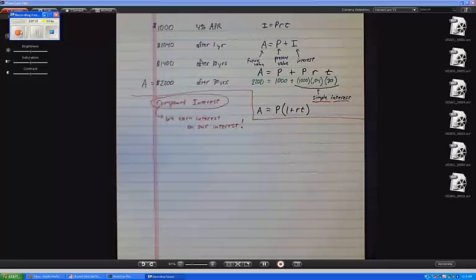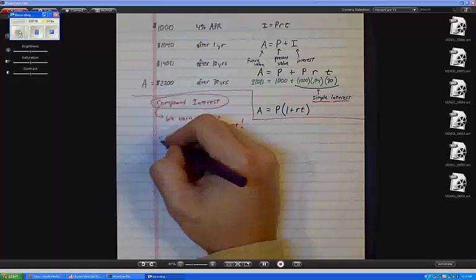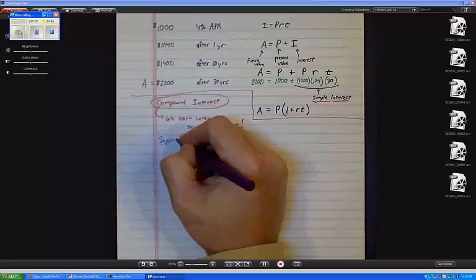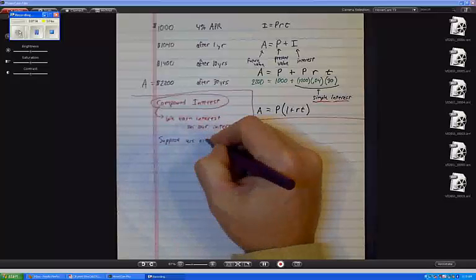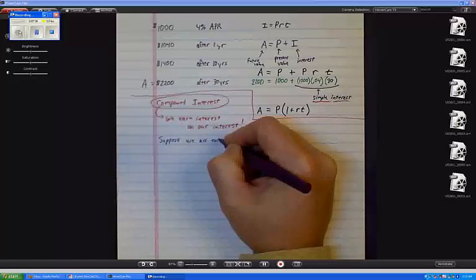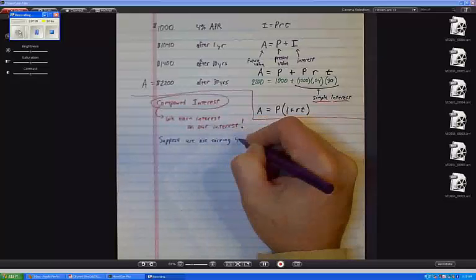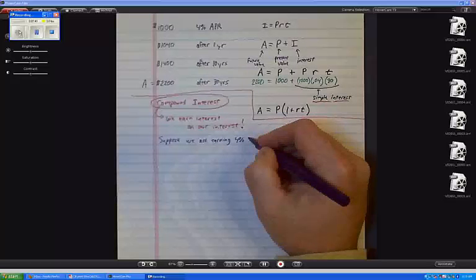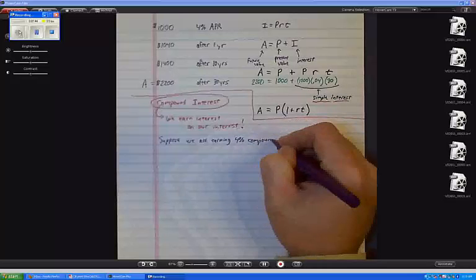If I'm going to compute how much money I have at any particular time, I need to know how often they give me interest so that I can see how much more interest I have. So let me do this. Let's suppose we are earning 4% interest compounded quarterly.